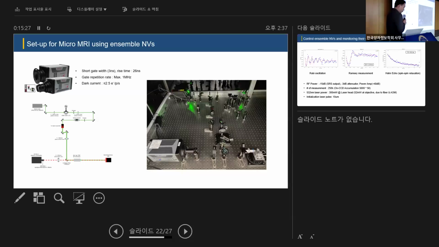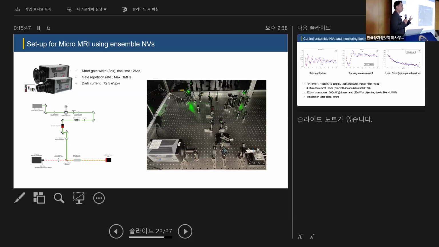Now, to broaden its applications, we are currently building a wide field view setup using this high-speed EMCCD, which has a 1024 by 1024 pixel array. Each of the pixels works as an individual photon counter with single photon sensitivity.